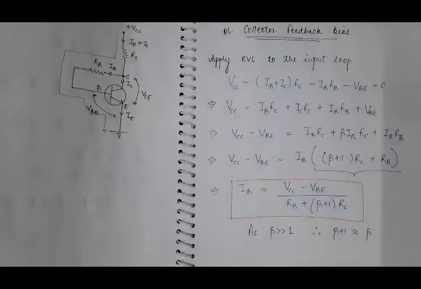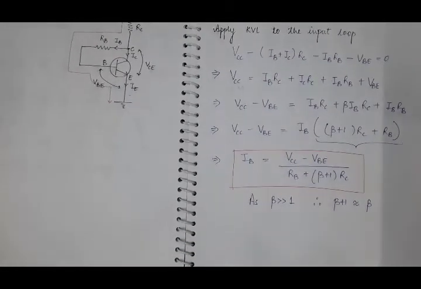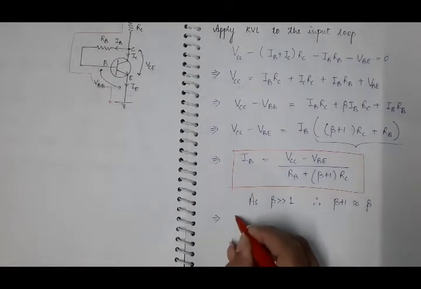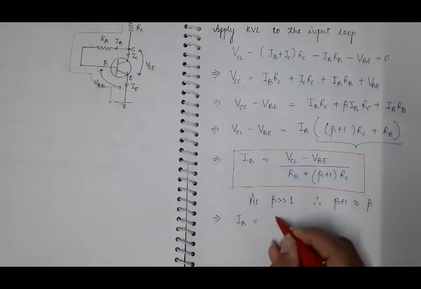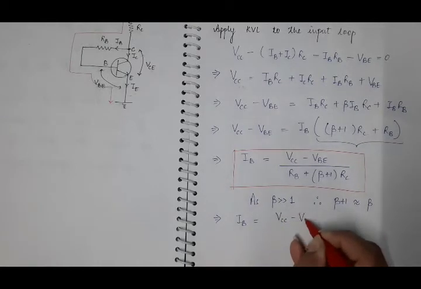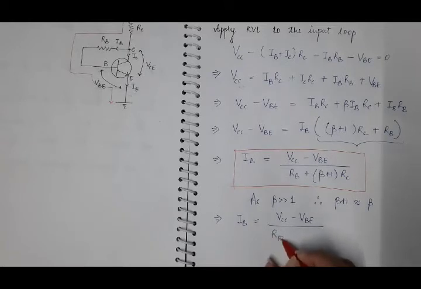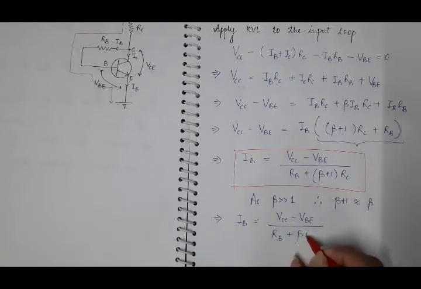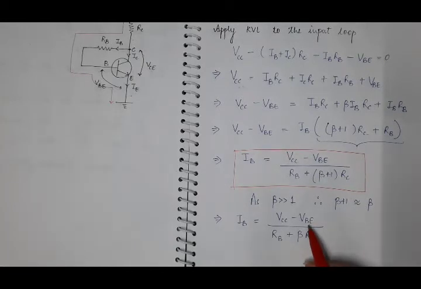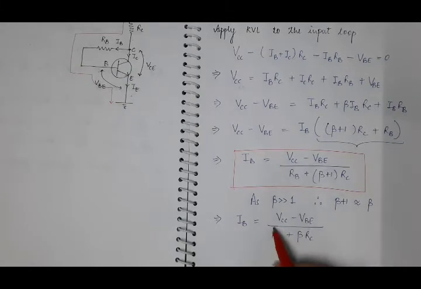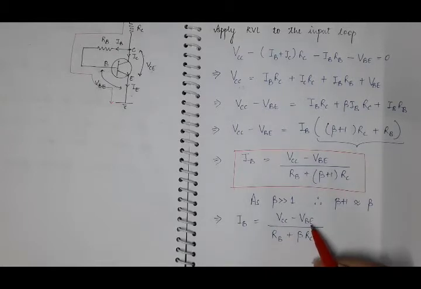Then our expression for base current will become IB equal to VCC minus VBE upon RB plus beta RC. In theory, we usually neglect this VBE as compared to VCC, because the value of VCC is much larger than the value of VBE.